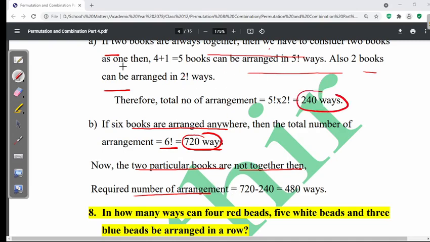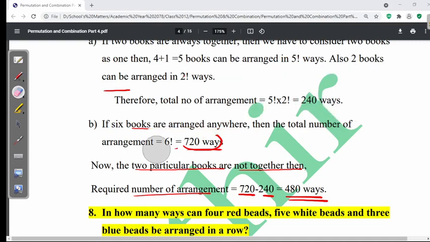When they are together, the permutation is 240, which is subtracted from the total arrangement, and in 480 ways not together will be obtained. 240, they are together, and total arrangement 6 factorial ways, 6 books without considering together or not, that is 720 ways, and from 720 ways that together is subtracted, then we obtain 480 ways. This is the condition.